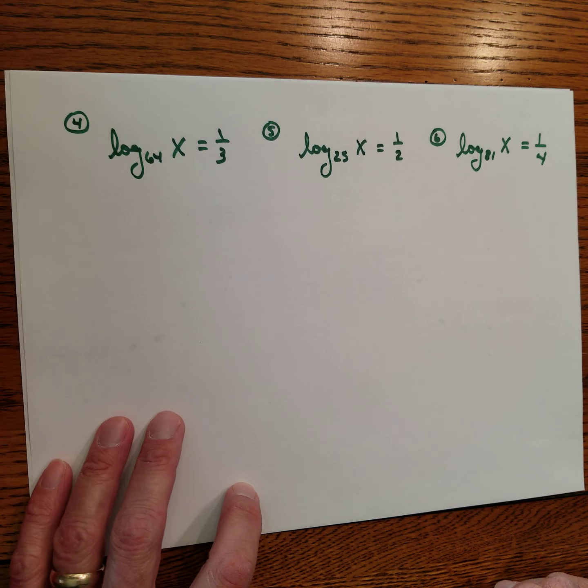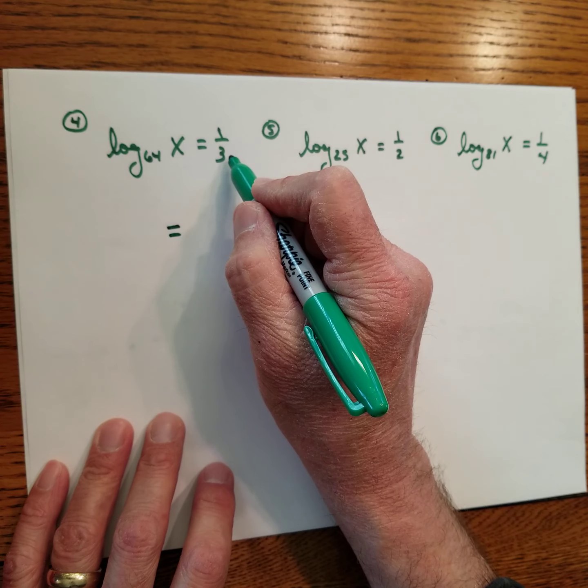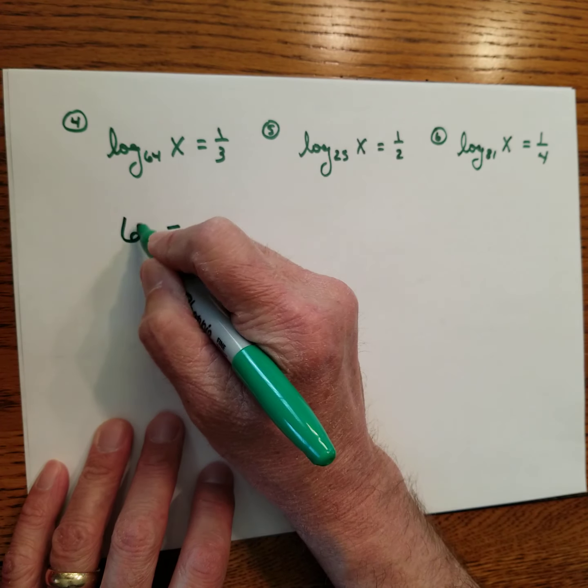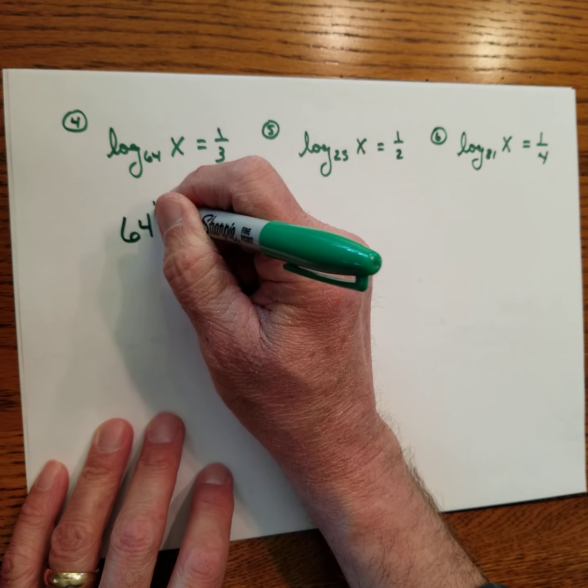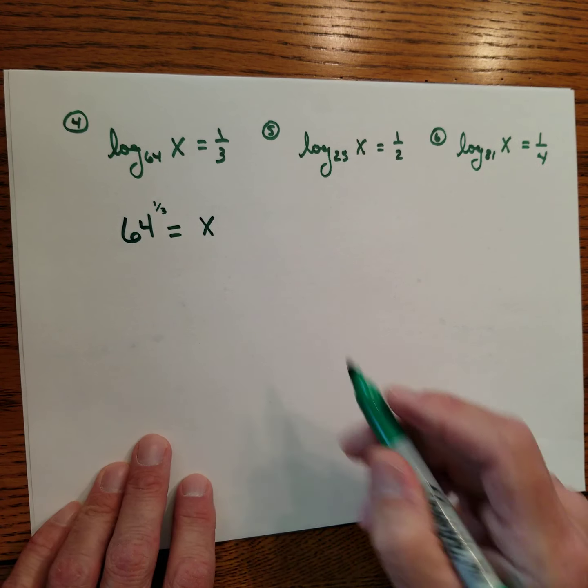To do number 4, I'm going to rewrite this in exponential form. 1/3 is the exponent that goes on that 64. 1/3 is the exponent that goes on that 64 and changes it into x.